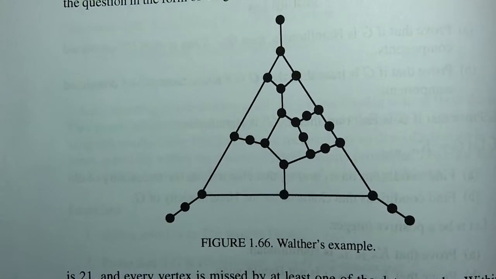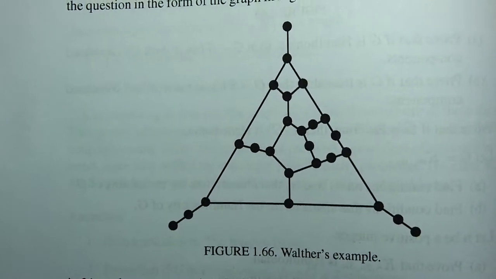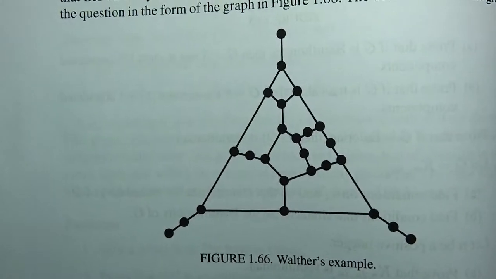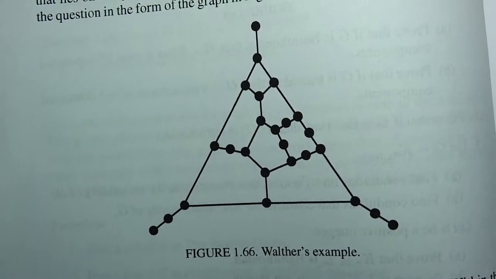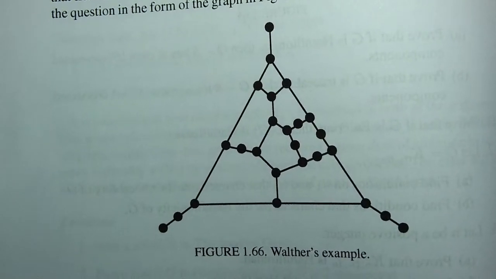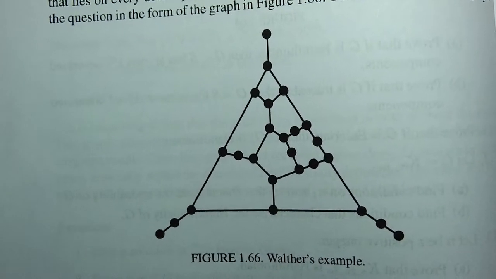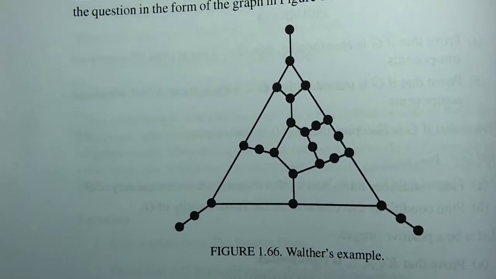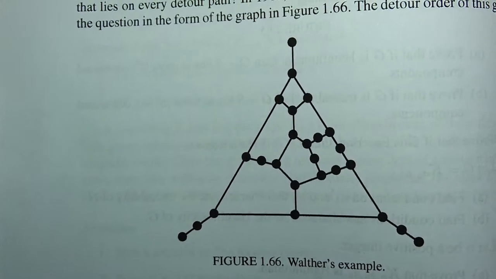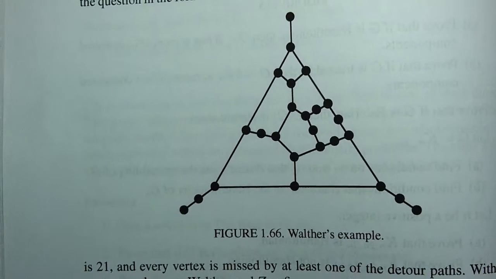And every vertex is missed by at least one of the detour paths. So every single vertex here is missed by one of these detour paths. So no, there does not exist a vertex that lies in every detour path.